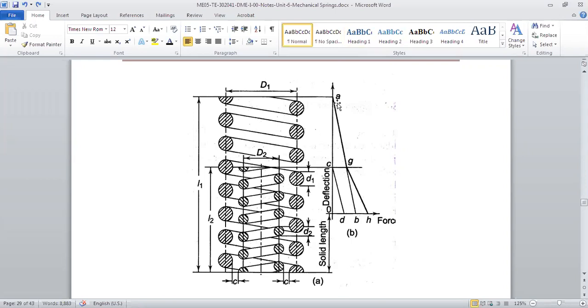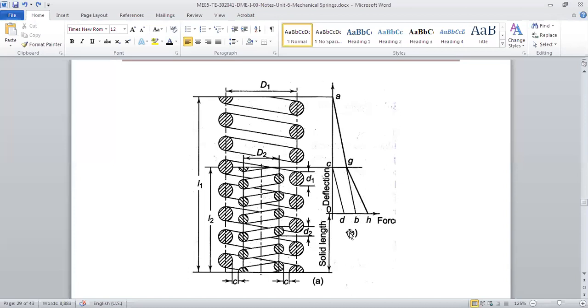Until the length goes from L1 to L2, only the stiffness of the outside spring comes into the picture, that is AG, and from G to H it is the combination of inside and outside, K1 plus K2. So the stiffness will now be GH instead of GB.